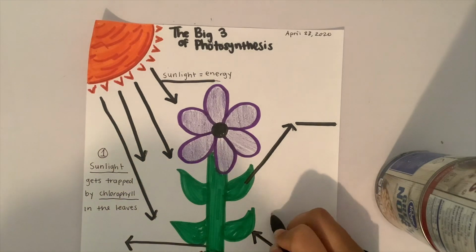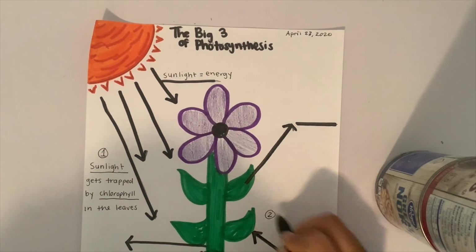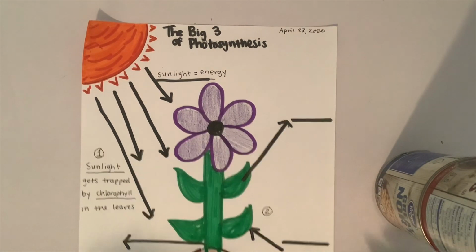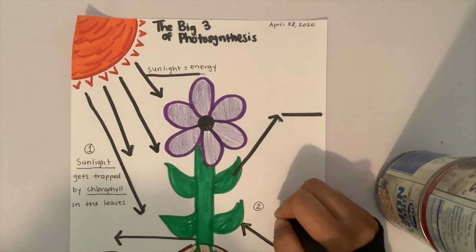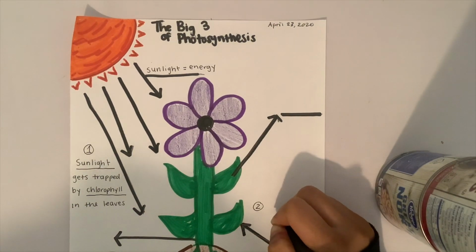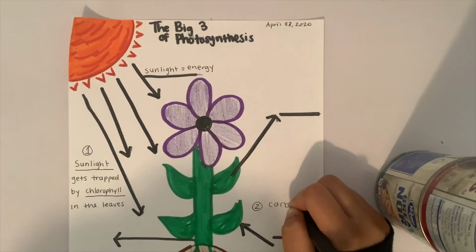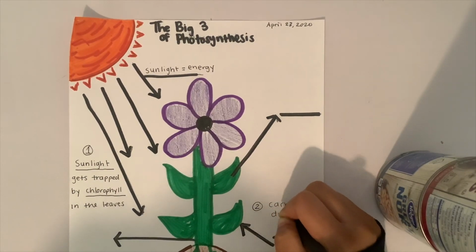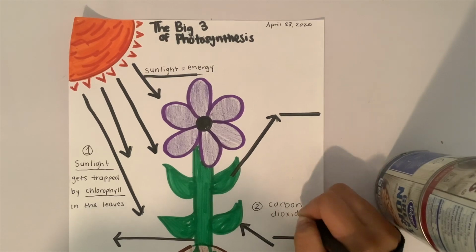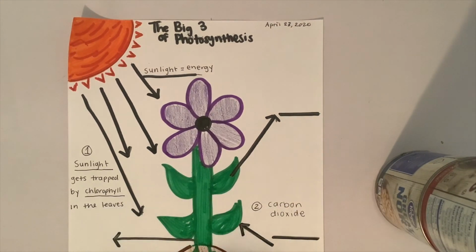Ingredient number 2 is here. That ingredient is carbon dioxide. Carbon dioxide goes in through tiny holes on the bottom of the leaves.